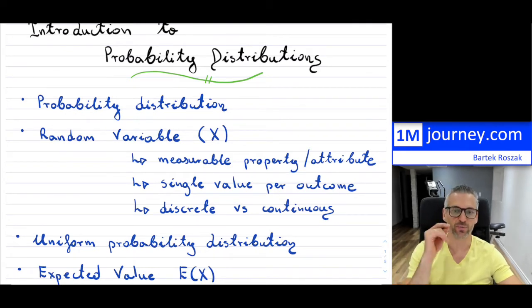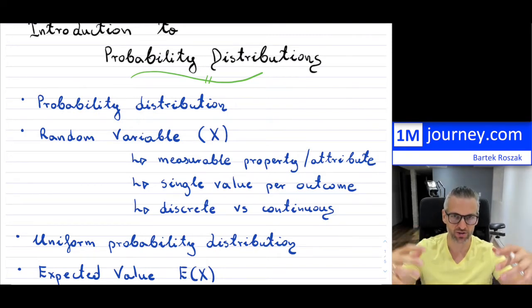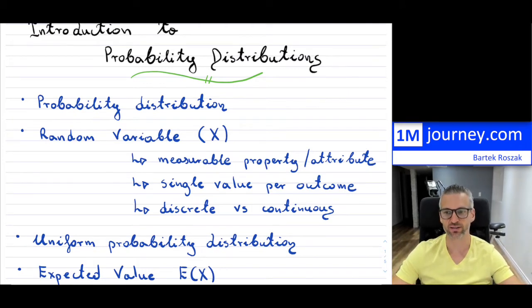Now these variables can be discrete or continuous, and you've seen that. Most of the time we study continuous, but with random variables, at least for the introduction, we pretty much confine ourselves to discrete random variables in the beginning, when you're in grade 12.